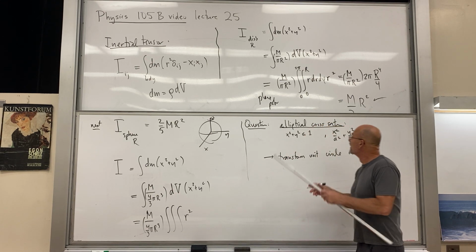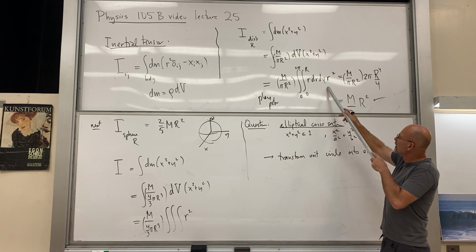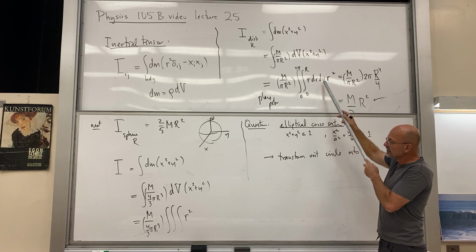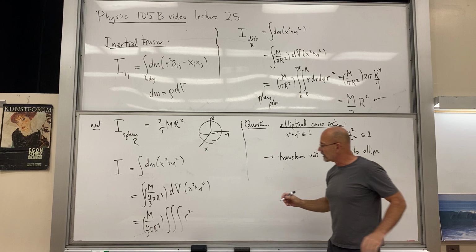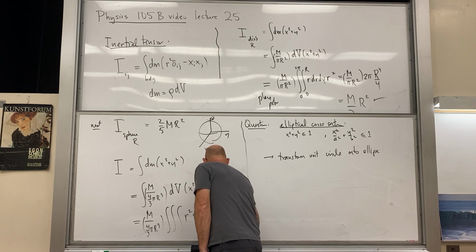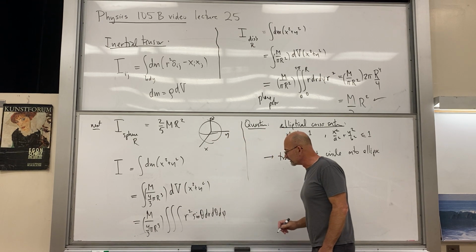In other words, the r dr d phi, sure, we know it or we've looked it up, but I'm going to give a more general formula for finding these things. Here we have the r squared sine theta, dr d theta d phi, that's the volume element.